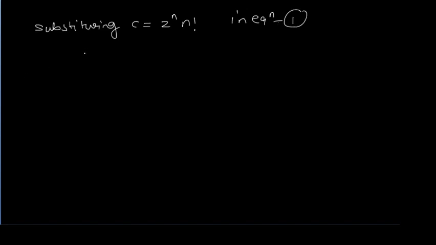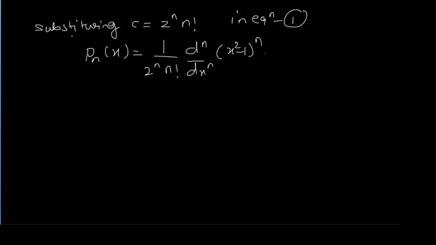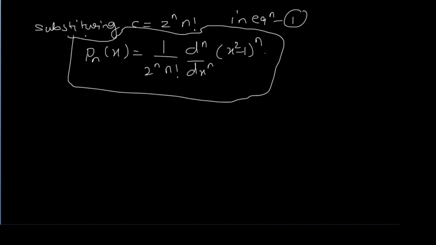So that we get Pn of x is equal to Pn of 1 divided by 2 raised to n into n factorial dn by dx raised to n into x square minus 1 whole raised to n. So this is Rodrigues formula. So this is the proof of the Rodrigues formula.